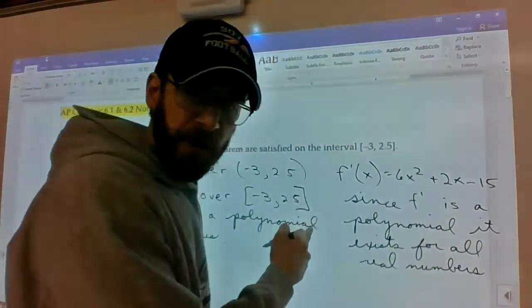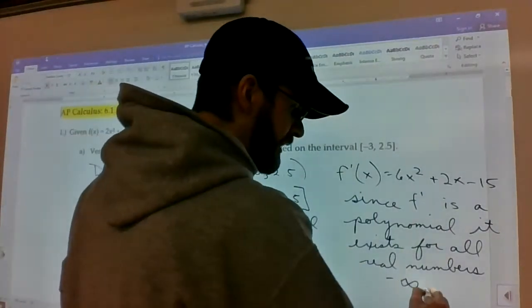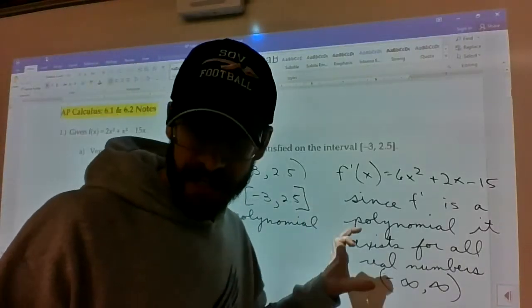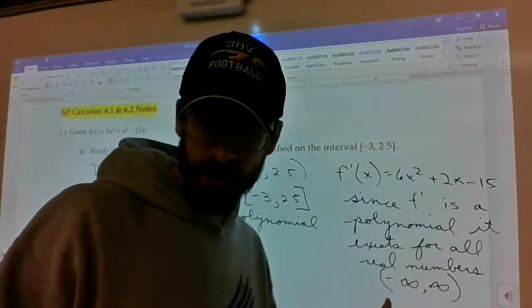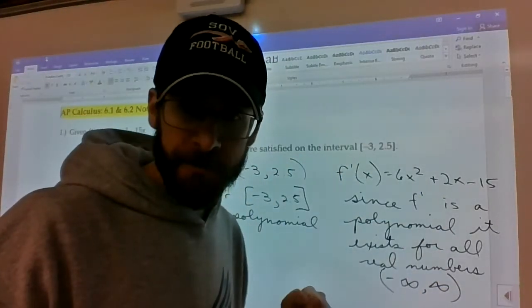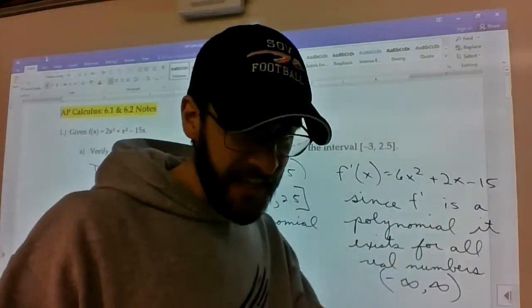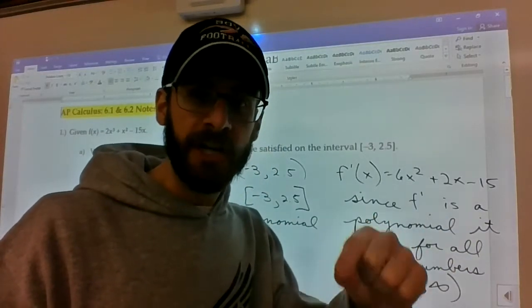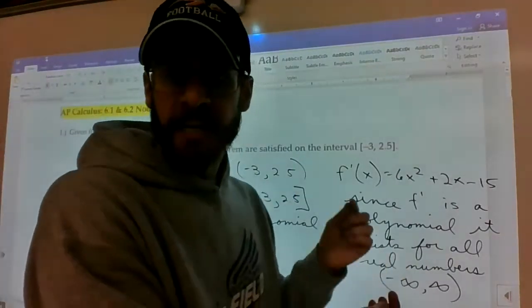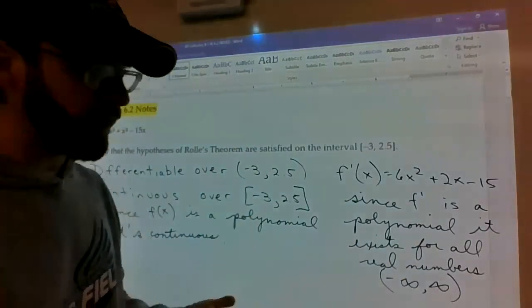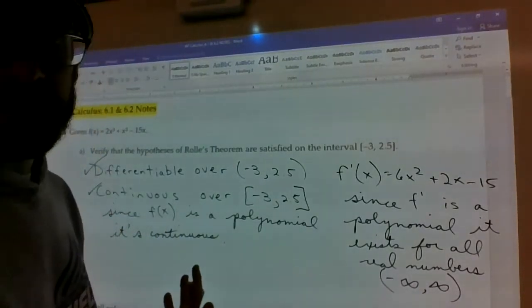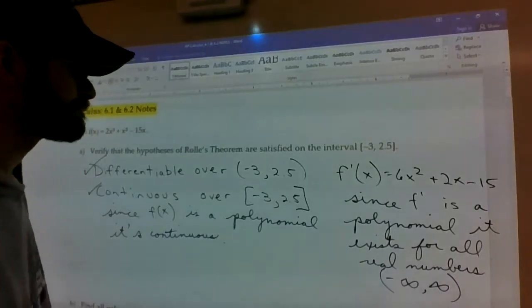The domain of this function is -infinity to infinity, which means if the derivative exists from -infinity to infinity, then the derivative exists from -3 to 2.5. And if the derivative exists, that means it's differentiable at those places. So this function is differentiable everywhere, not just -3 to 2.5. That confirms it is differentiable over the interval given.